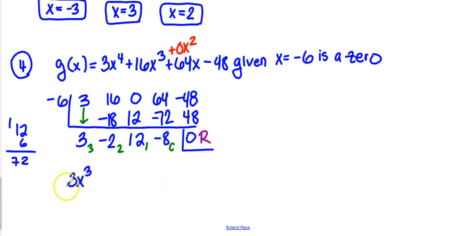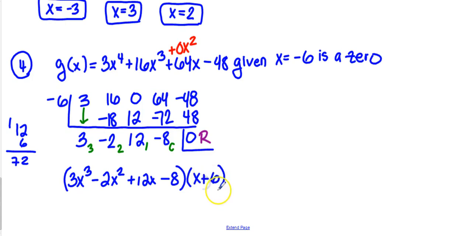And if you didn't write this result yet, I'm going to pause right there. You finish writing the result, and we'll see if we match. 3x cubed minus 2x squared plus 12x minus 8. And right now this is multiplied by x plus 6.